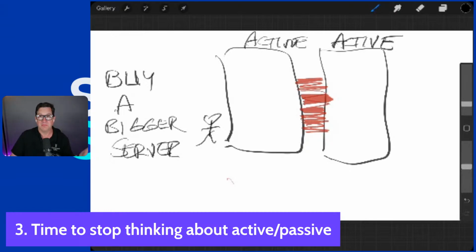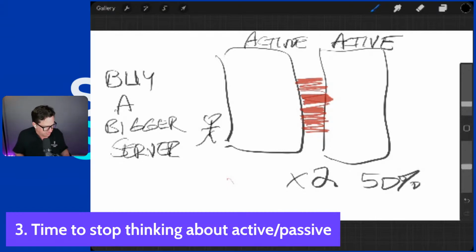It's probably one of your biggest ticket items because it needs to handle those growing tables. We already talked about growing tables and the multiplicative compound factor. So you bought a bigger server, and in order to handle failure, you bought two times two. So now you've got two servers and you're operating at 50% utilization.